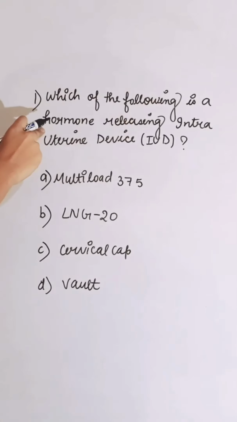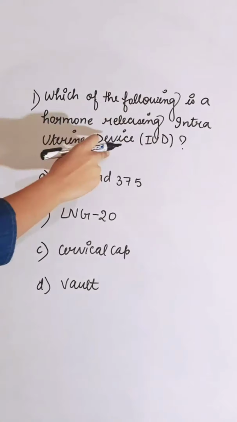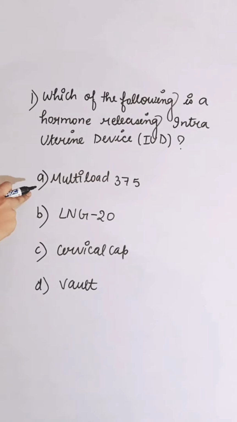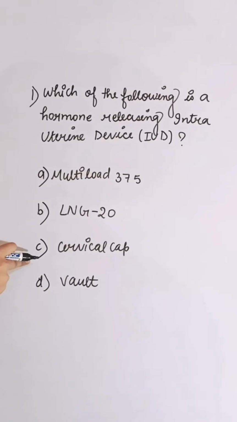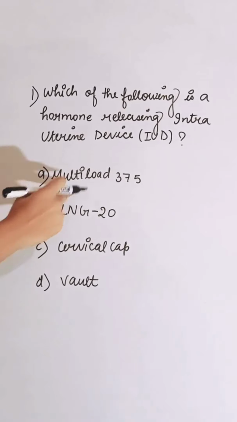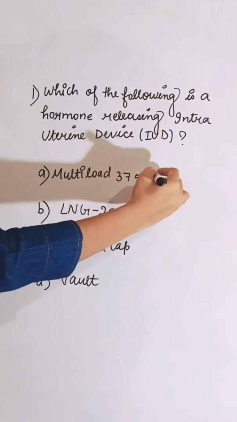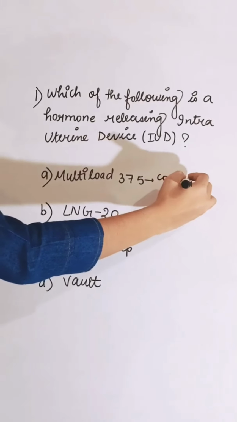Which of the following is a hormone releasing intrauterine device, IUD? First option Multiload 375, second is LNG20, third is cervical cap, and fourth is wall. Multiload 375 is a copper releasing IUD.